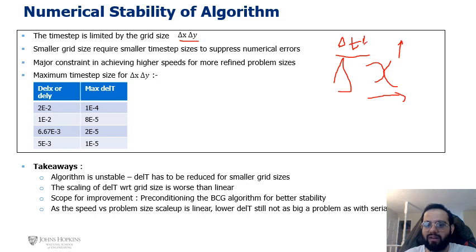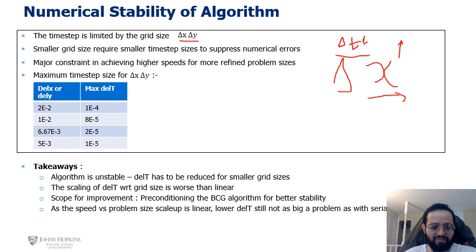So that is the main problem with CFD simulations: if we go for a refined grid size, the delta t also has to go down for a stable simulation. So I ran a few experiments to see how much this delta t varies for different delta x or delta y sizes, which is tabulated here.